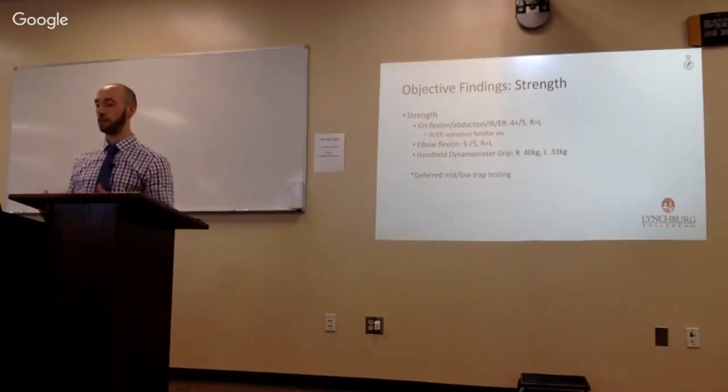His handheld dynamometer grip was within the normal range for his age group with right-sided dominance. Although glenohumeral resisted internal-external rotation did mildly reproduce some of his familiar symptoms. And I wanted to test his mid to low trap muscle test, but since that would require his arms to be above 90 degrees, he deferred it for this initial visit.